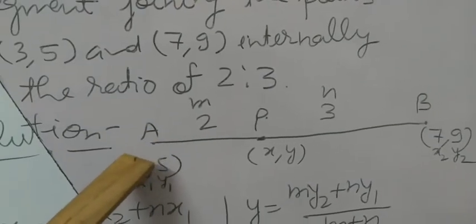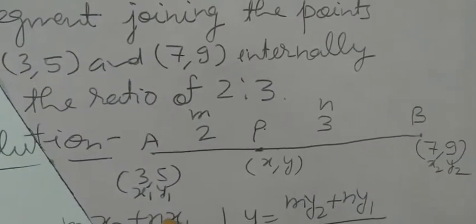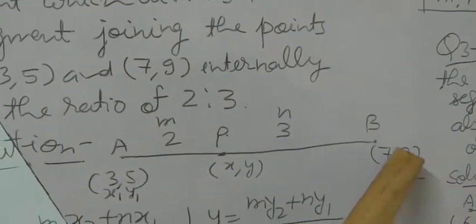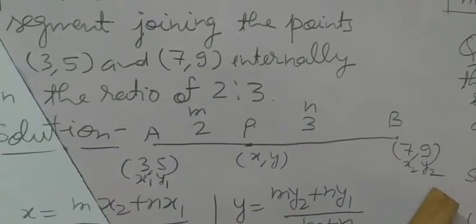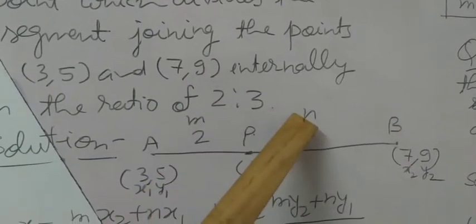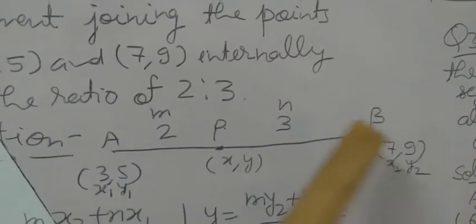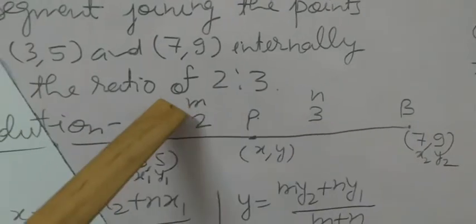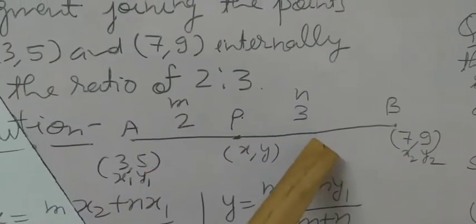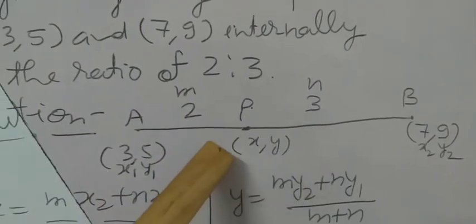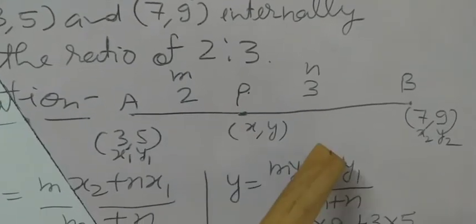A has coordinates (3, 5), B has coordinates (7, 9), and the ratio given is 2 is to 3. So let the point P divide AB in the ratio 2 is to 3. So the value of m is 2, the value of n is 3, and the coordinates of point P, let's take x comma y.